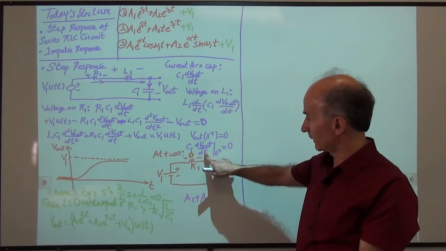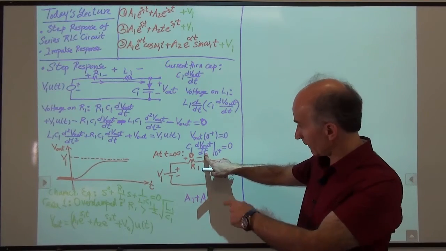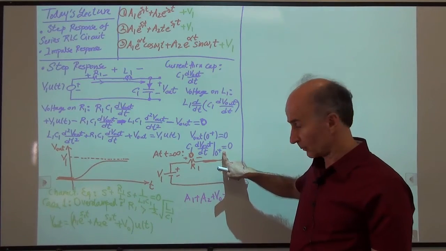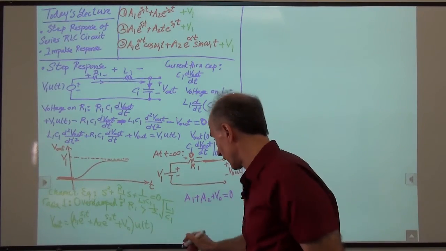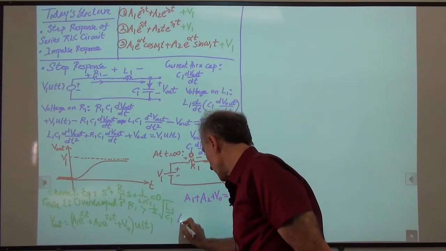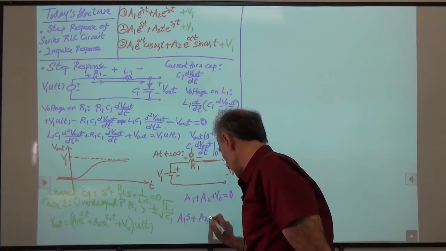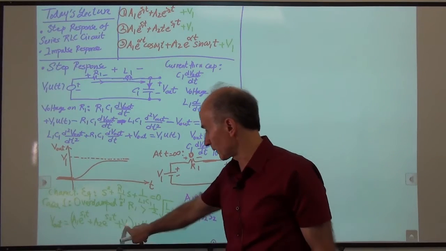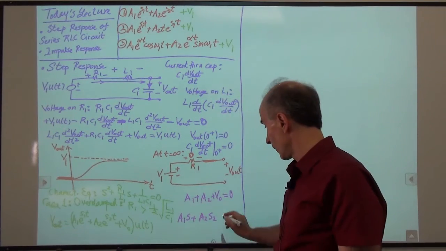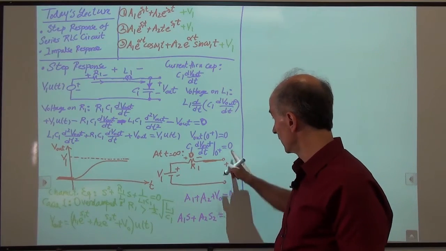Okay, how about this one? The derivative has to be 0 at 0 plus. The derivative would consist of A1 S1 plus A2 S2. This whole thing has to be equal to 0.